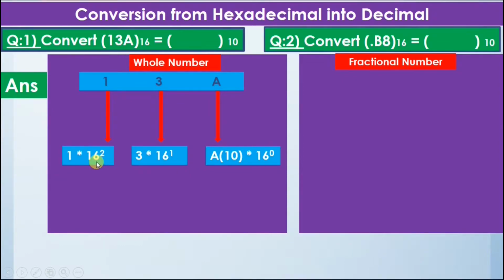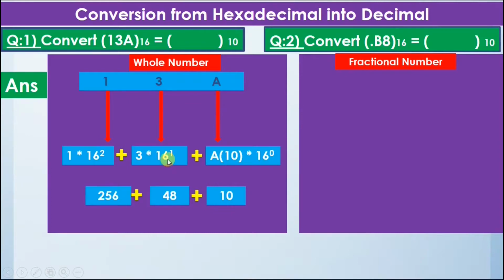Can you tell me why we are using the number 16? We are using the number 16 because hexadecimal has the base 16 and we have to convert a hexadecimal number into decimal. Once we did that, we will add them all together. 16 raised to power 0 is equal to 1 and 1 into 10 makes 10.